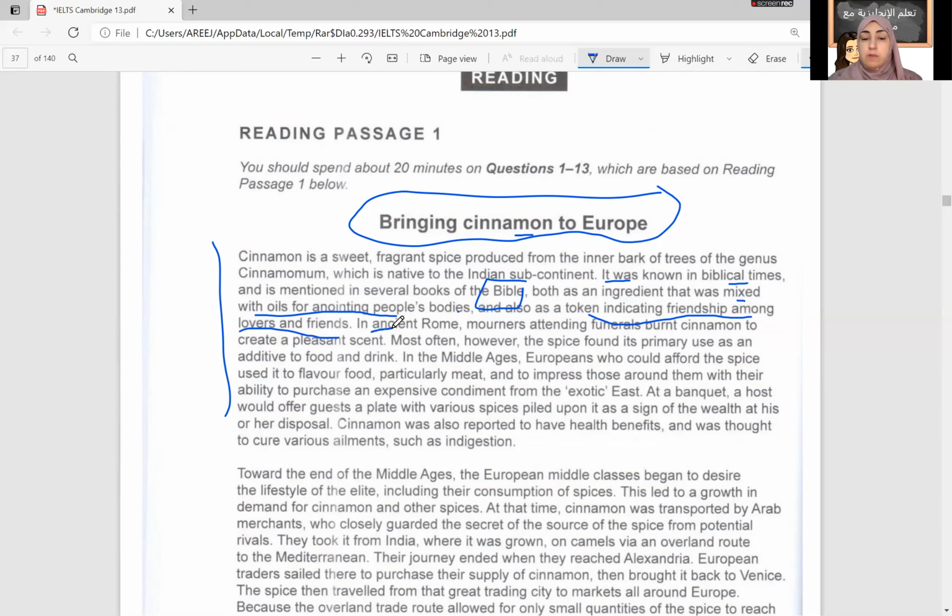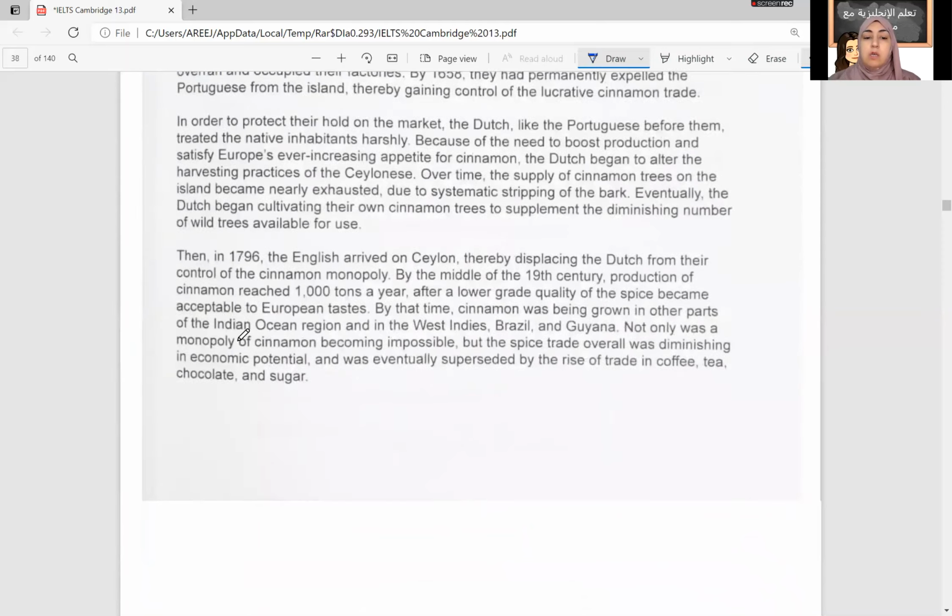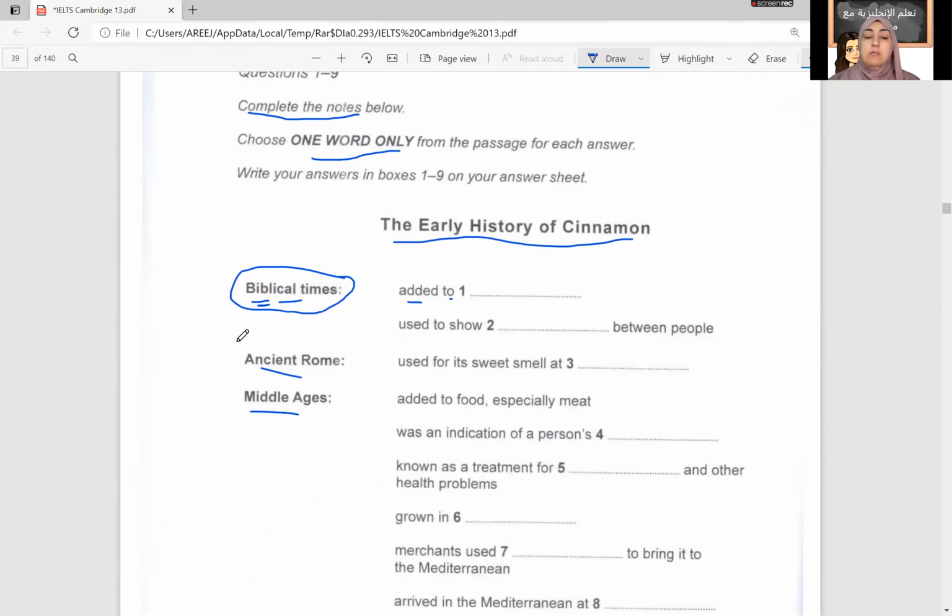Now here, if you look at the second sentence, in ancient Rome, this is a different stage. I'm not going to look at this now, although I saw it in the question. So what would I do? I just read again: mixed with oils for anointing people's bodies. I go back to the question again and check if it has the same structure.